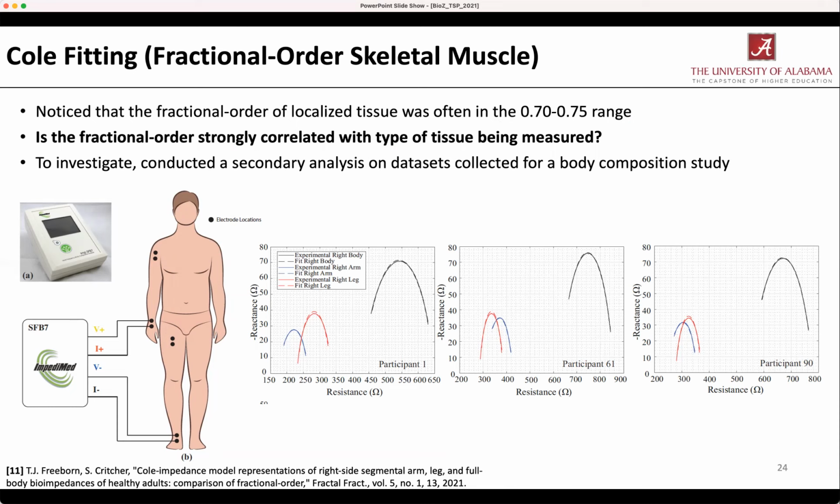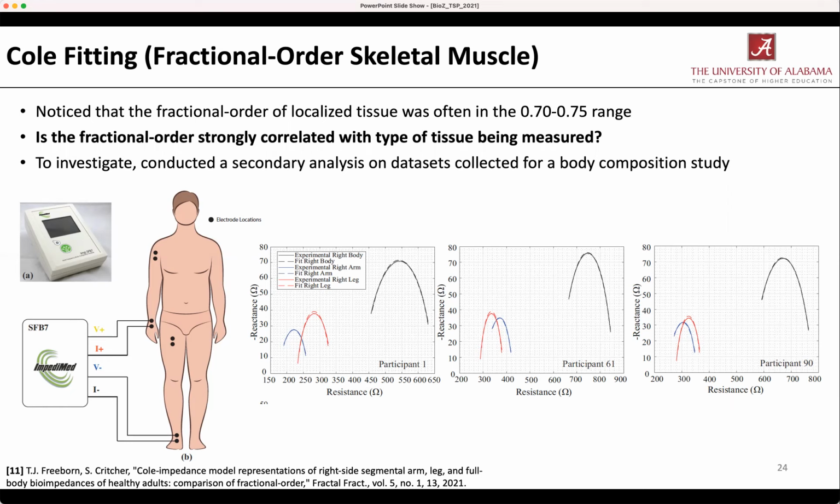So the question was, because we saw skeletal muscle and localized tissues having a value of 0.7 to 0.75 in our studies, is this consistent? Is the fractional order linked to the tissue type? And would measurements of skeletal muscle from different body regions and different lengths of body regions also have that same fractional order?